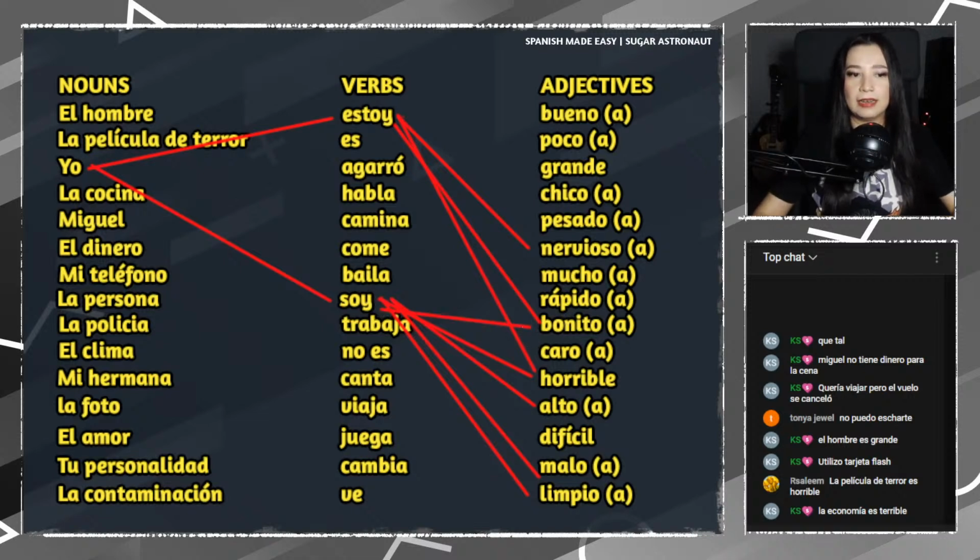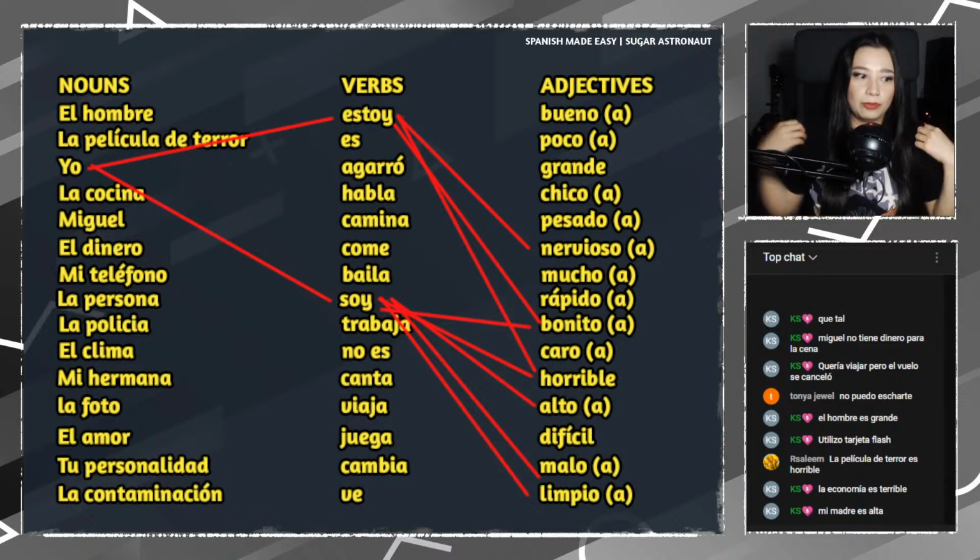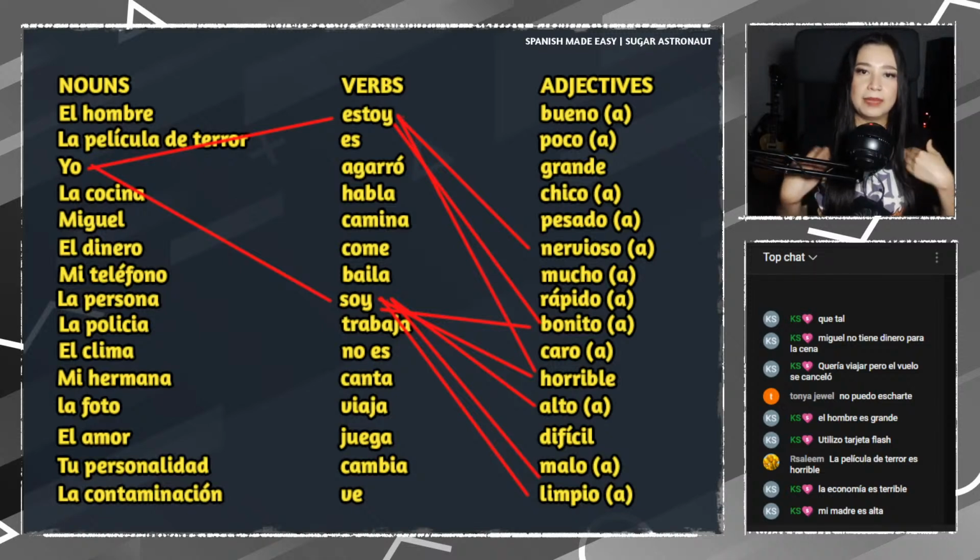The difference is that when you say yo estoy bonita, maybe you're talking about you dressed up and you're going to a wedding or something and you feel beautiful, right? And if you say yo soy bonita, that means I'm pretty in general. It doesn't matter what I'm wearing right now. I'm just pretty. Okay? So that's a difference. It's an interesting difference.